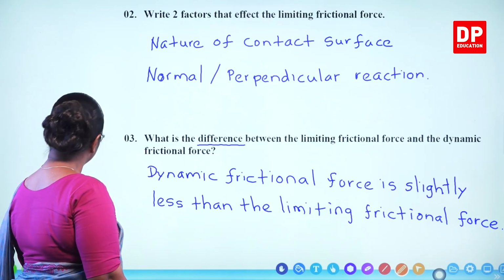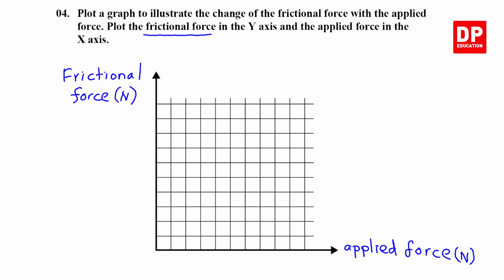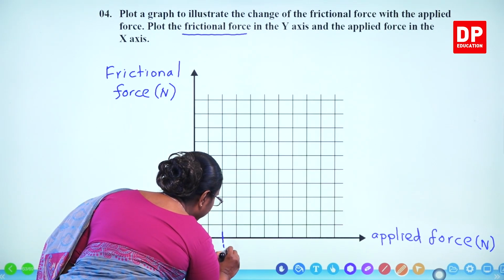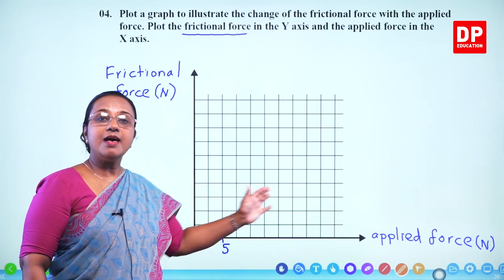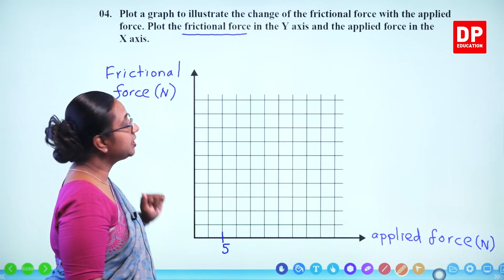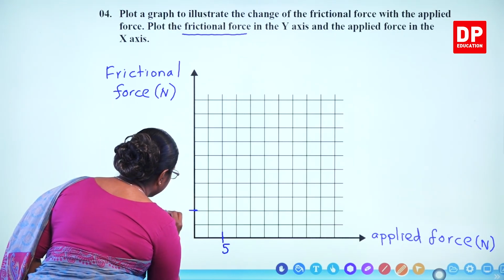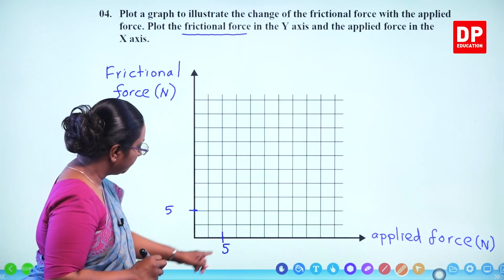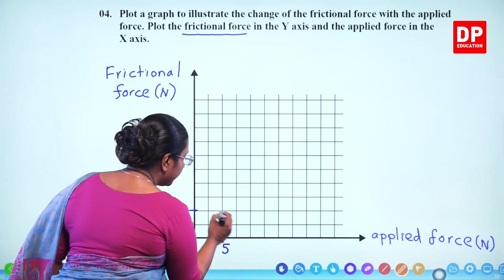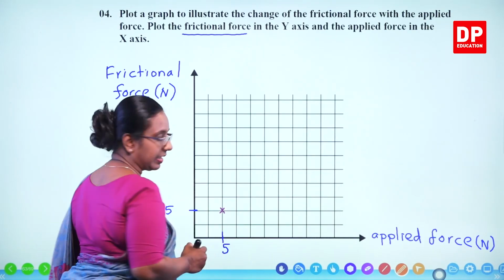So those are the forces that we need to mark in the two axes. So first we apply 5 Newton force. Then I will mark that value here, 5. And when the applied force is 5 Newton, the block doesn't move. That means the frictional force is equal to the applied force. So that also is 5 Newton. We don't have to write Newton here because we have labeled the axis. So the first point will be 5 and 5.